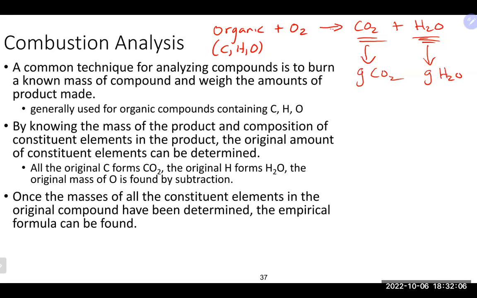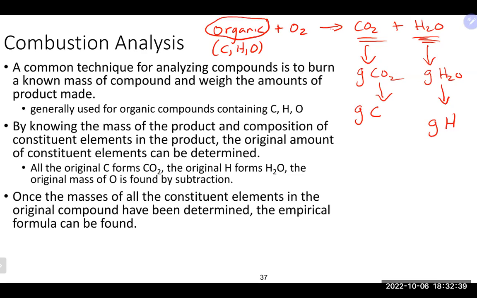From that information, we can get how many grams of carbon we originally started with, and from the water, how many grams of hydrogen we originally started with. In this particular experiment, the only thing that has carbon and hydrogen is our original unknown sample. So our organic unknown would provide all the carbon and all the hydrogen.